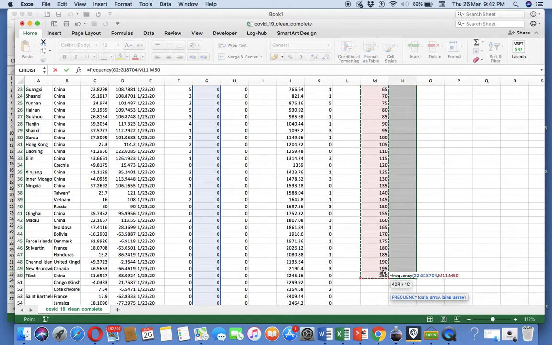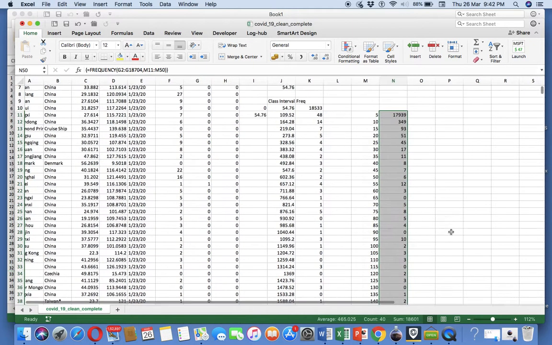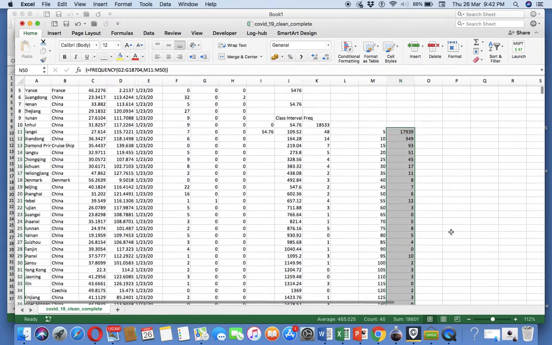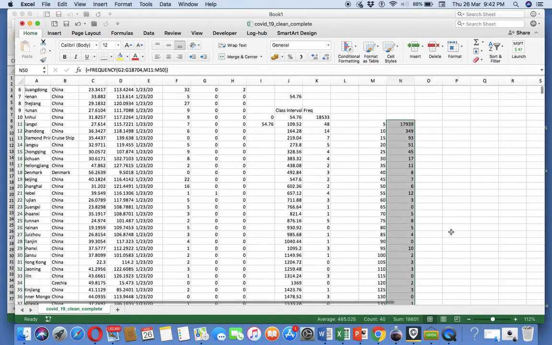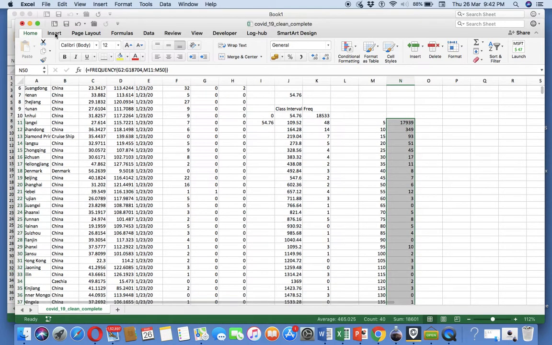Close the bracket. Control Shift Enter. Okay. So we got a distribution again, highly skewed. And now let us look at the plot.